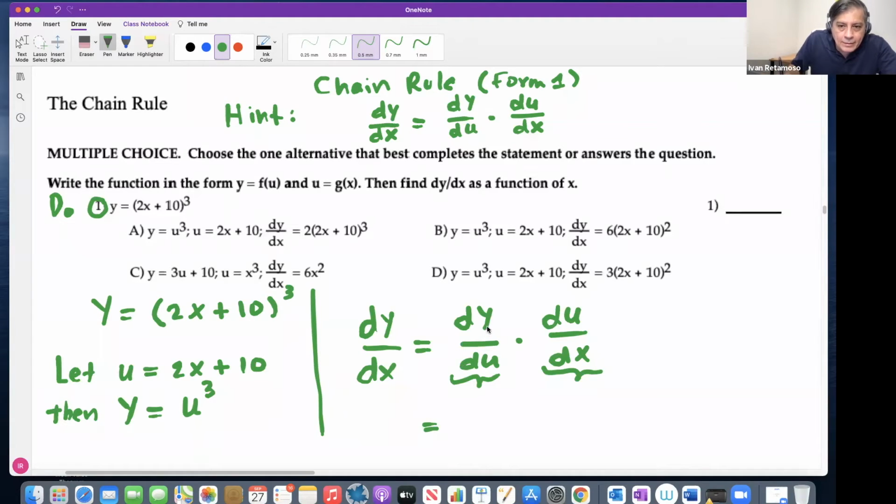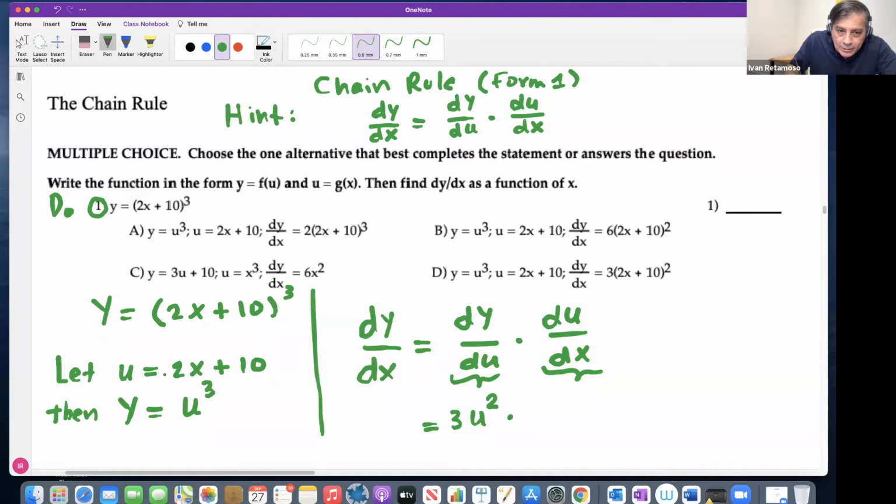What should be the derivative of y with respect to u, looking at this relationship between y and u? Well, 3 comes down, u stays with an exponent 1 less, 3 minus 1, 2, right? This is the derivative of y with respect to u. Now, looking at the relationship between u and x, what should be the derivative of u with respect to x?